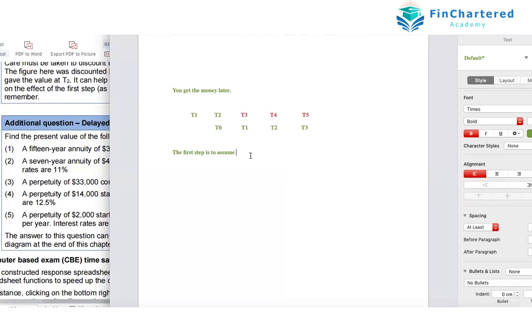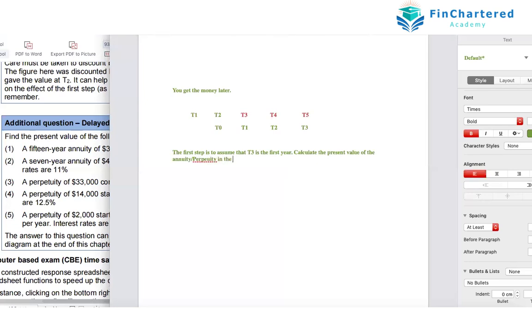The first step is to assume that T3 is the first year. So obviously T2 will become now. Calculate the present value of the annuity or perpetuity. The way you deal with both is the same.